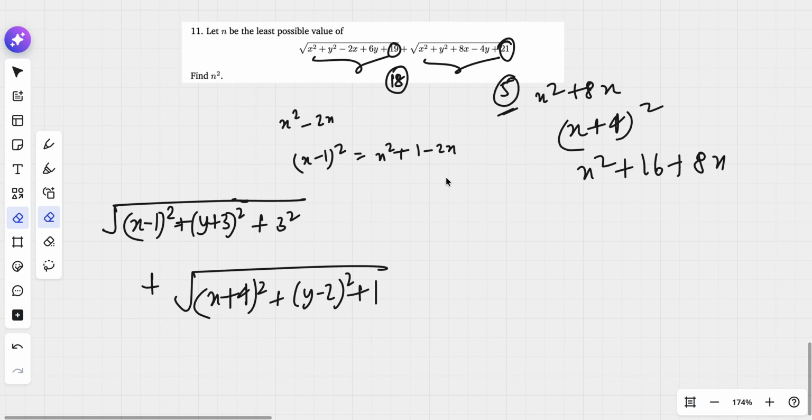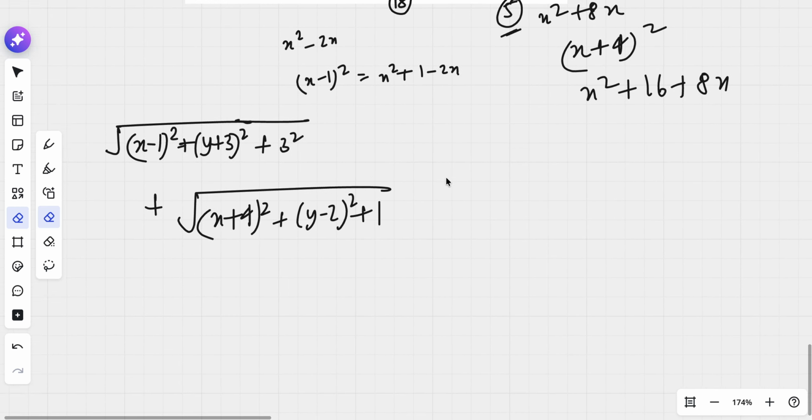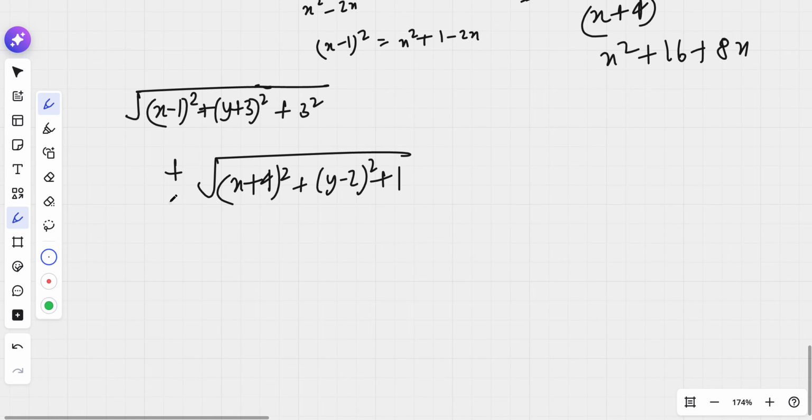So we have to find the least possible n.